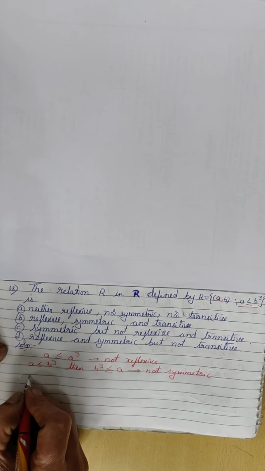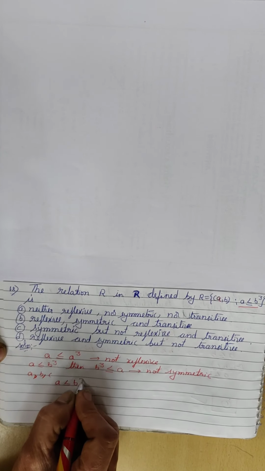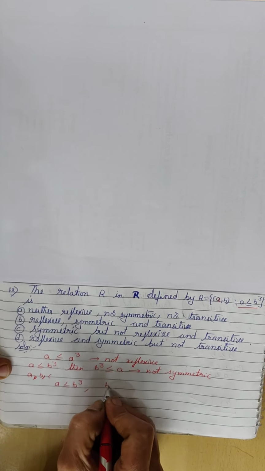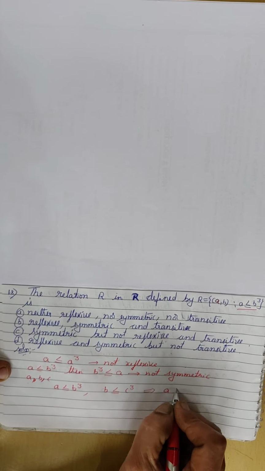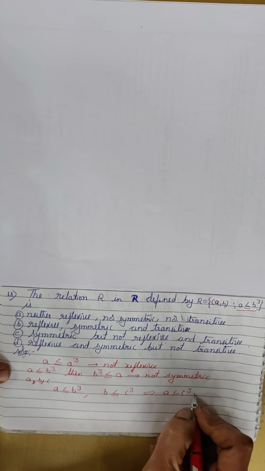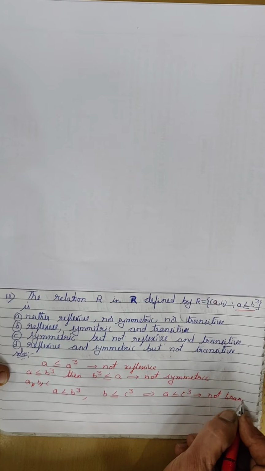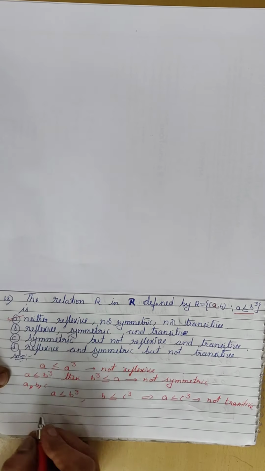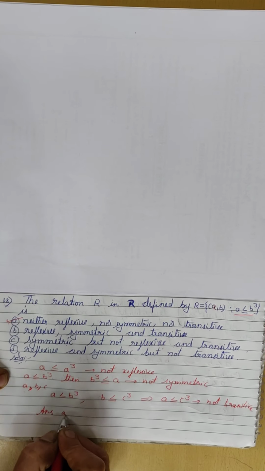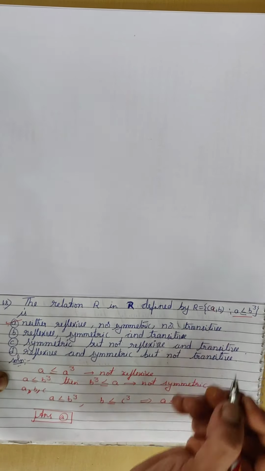And now if you have A, B, C, three real numbers, A is less than or equal to B cube, then B is less than or equal to C cube, implies A is less than or equal to C cube. Again, it is not possible, not transitive. Hence, the option is very clear for us. It is A. Answer is A. Neither reflexive, nor symmetric, nor transitive.